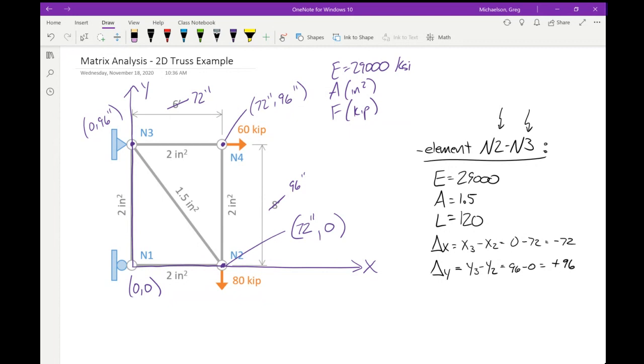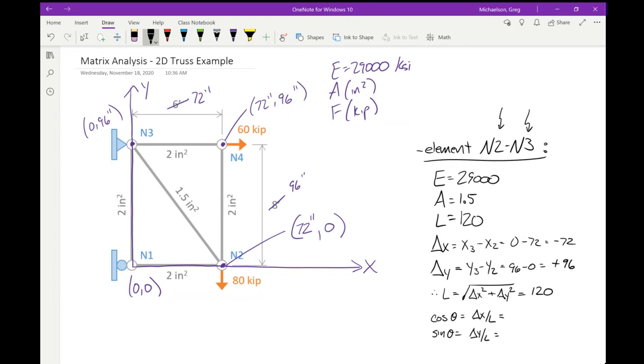So what a computer would do in order to compute the length of a member, it would say that the length is the square root of delta x squared plus delta y squared, and get 120. That's what a computer would do. But here's the other reason why a computer would compute a delta x, delta y. The cosine of this angle, whatever the orientation of the member is going to be, is delta x over L. The sine is going to be delta y over L. Right?